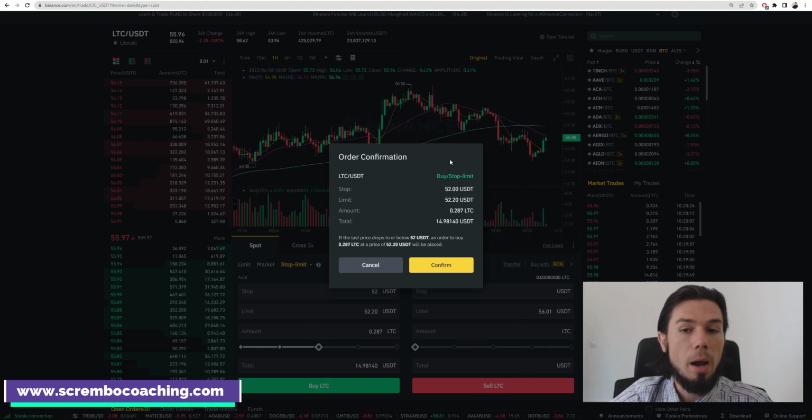The price has to be higher than the stop because we don't want to be front run. We don't want to miss our entry in case of a high volatility market movement. So we want to set it slightly above, which means that if I would like to buy at 52.20, then I'll have to set my stop at 52.